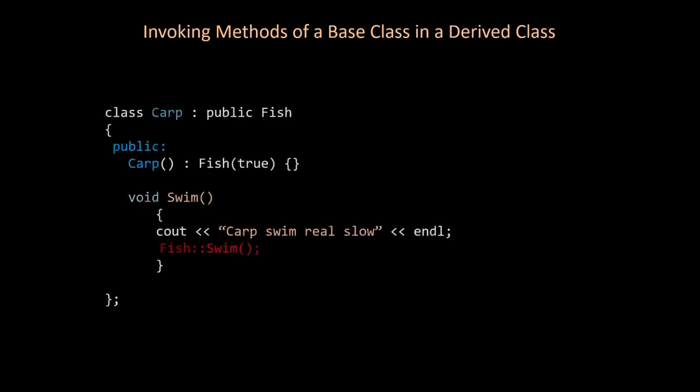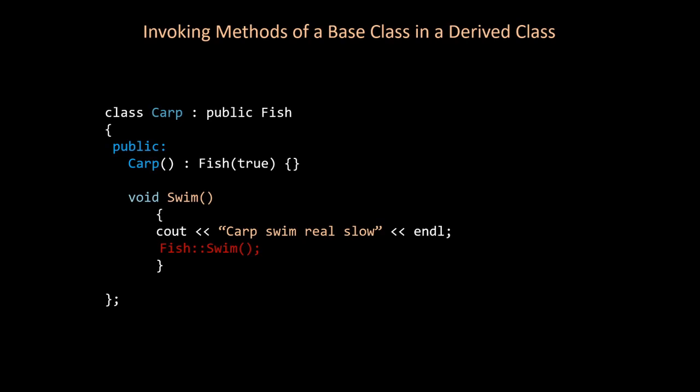Let's go look at another example of invoking methods of a base class in a derived class. This too involves this idea of shadowing. If we look at this example here, we've got our carp class, which is derived from the base class fish.